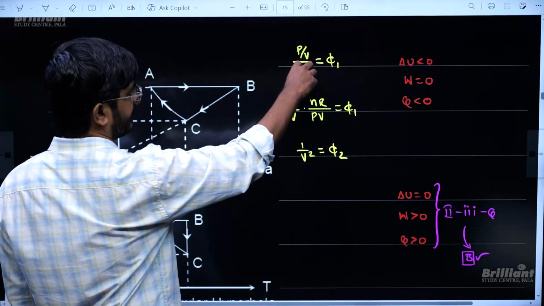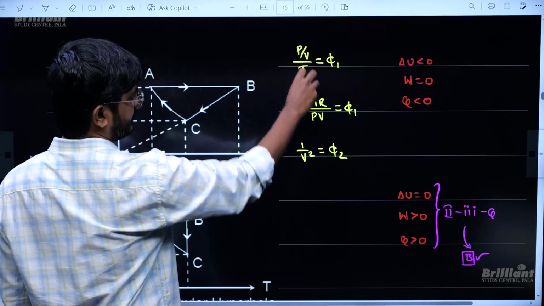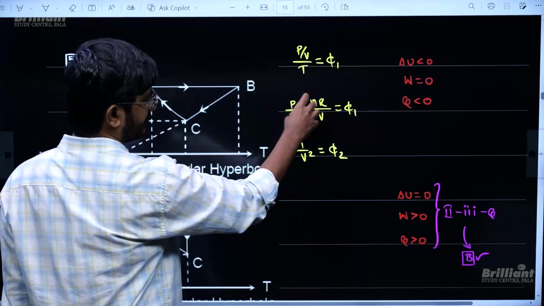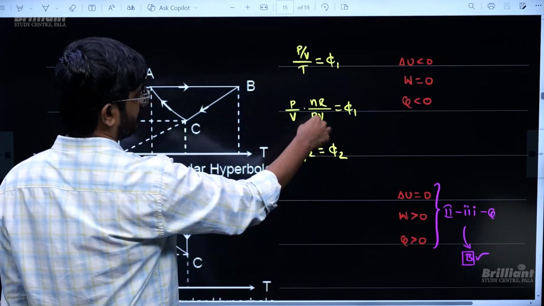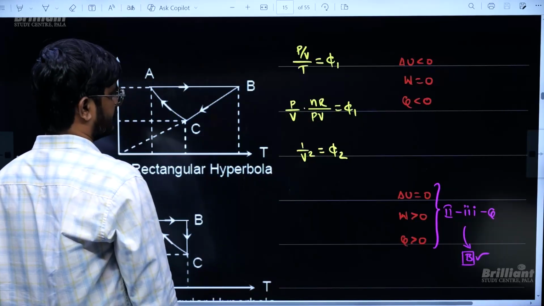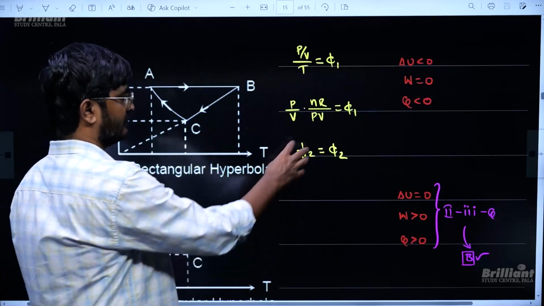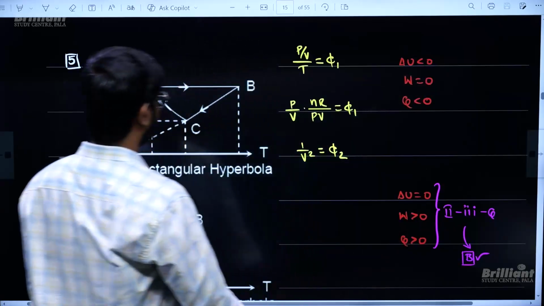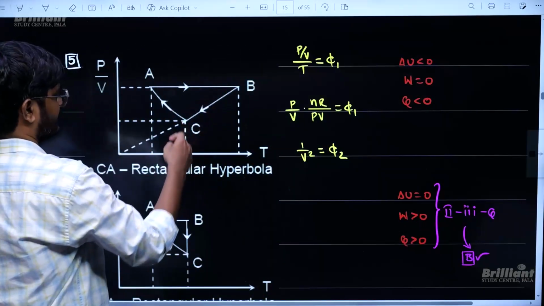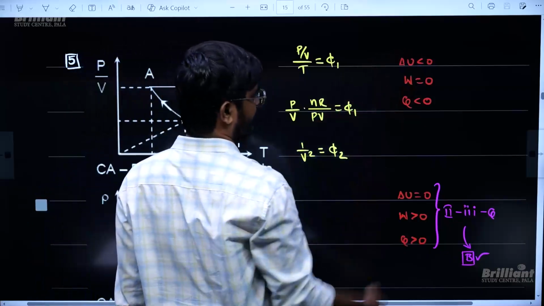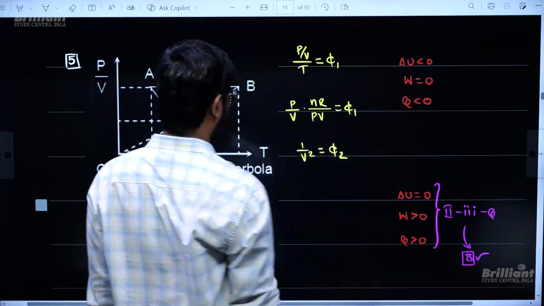By using the ideal gas law, you can write T as PV by NR. From here P and P will go, so V square is some constant. So it is a constant volume process. Work done is going to be 0, and temperature is reducing, so nCV delta T will be negative. Summation of these two is going to be negative.